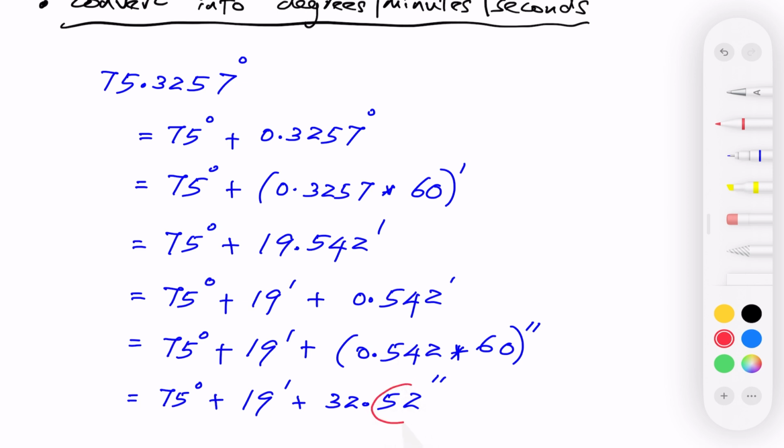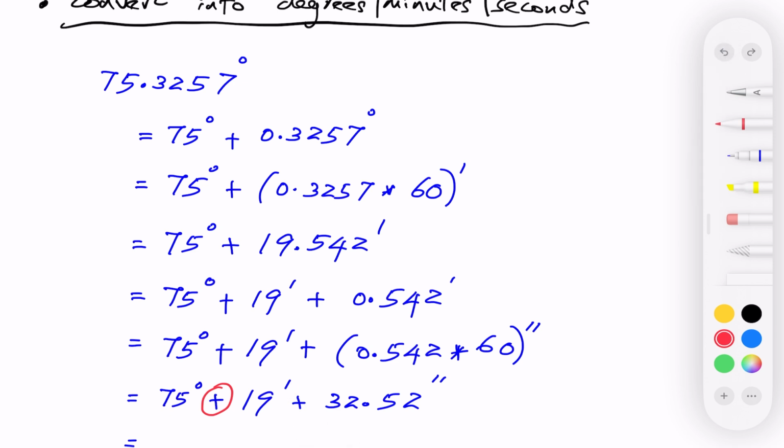Well, even the seconds have some decimals in this example. Let's simply ignore the decimal values in the seconds, because it's going to be even smaller than 1/3600 of a degree. We can see this as 75 degrees, 19 minutes, and 32 seconds. Whenever we write down angles, we do not use the plus signs in between.